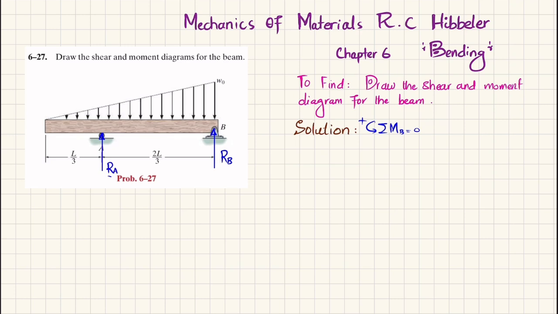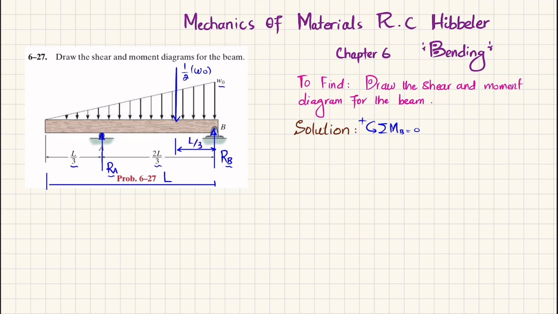You can see one load is RA, the second is RB, and the third one is this triangular load, which when converted into a point load will be equal to 1/2 into W0 into the length over which it acts. The total length of the beam is L, because 2L by 3 plus L by 3 is equal to L, and that will act at a distance of L by 3 from point B, or from the denser side. So this will be L by 3.